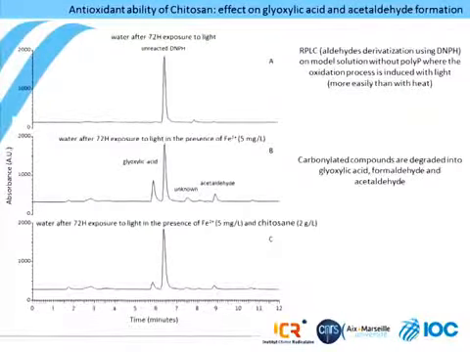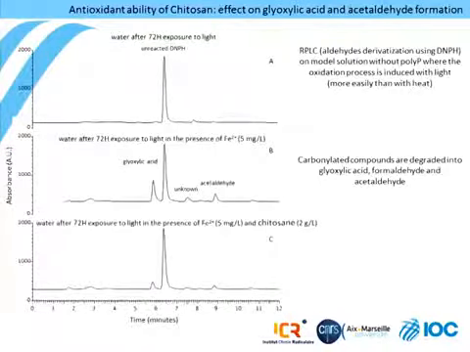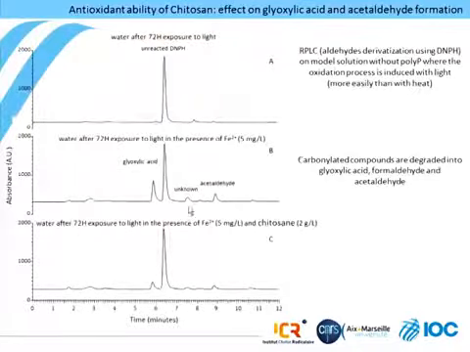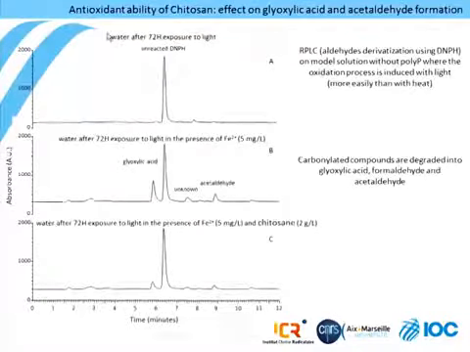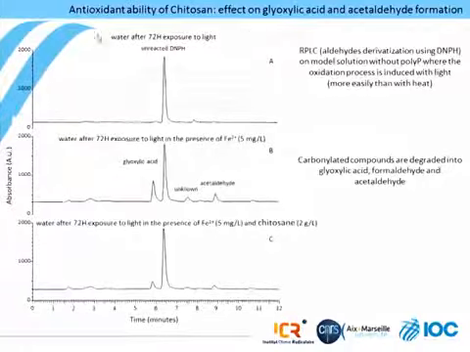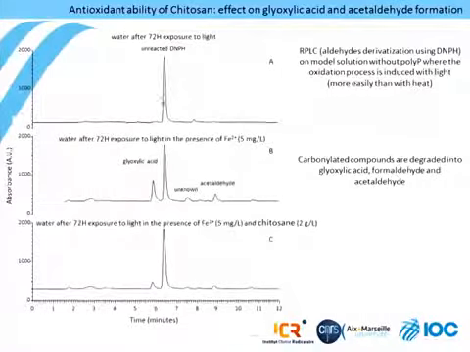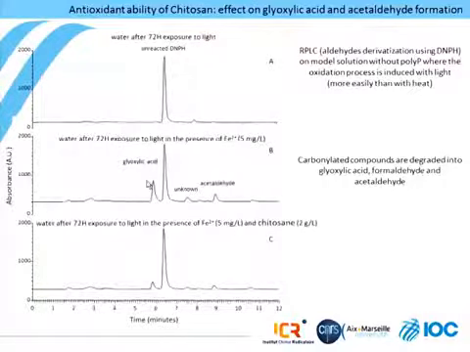Afterwards, we tested an additional aging phenomenon, which is more practical in a way when compared to the temperature used to accelerate aging. And here it is written water, but it is not water. It is a solution, the model solution. And 72 hours exposure to light, half lux intensity.